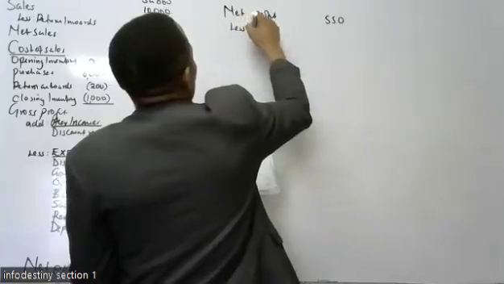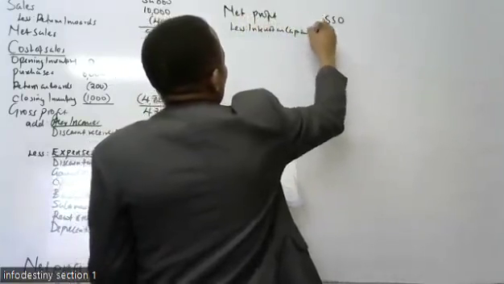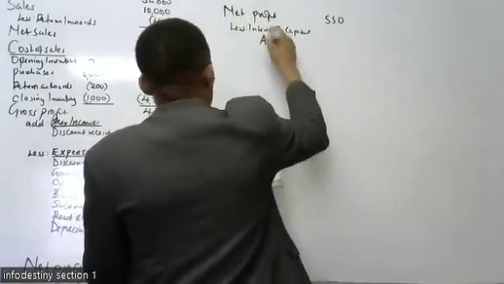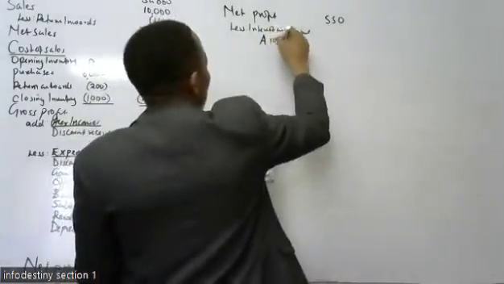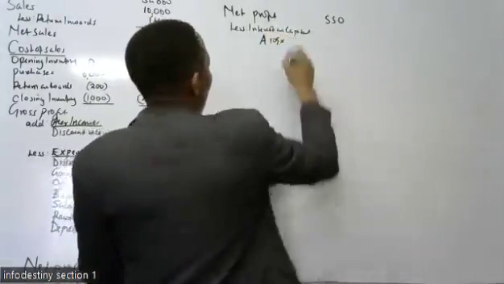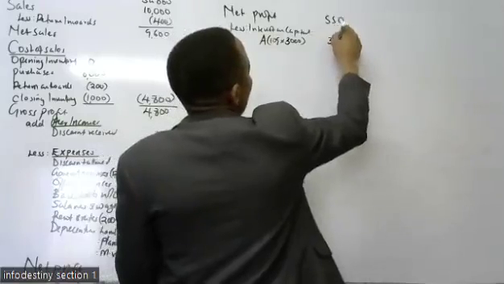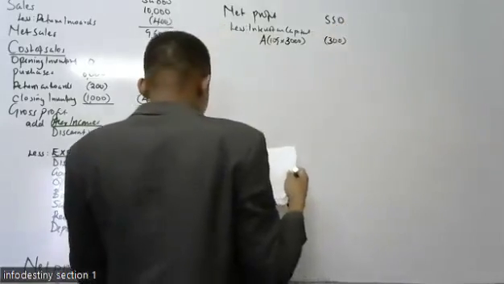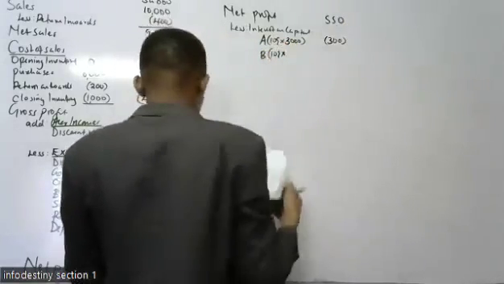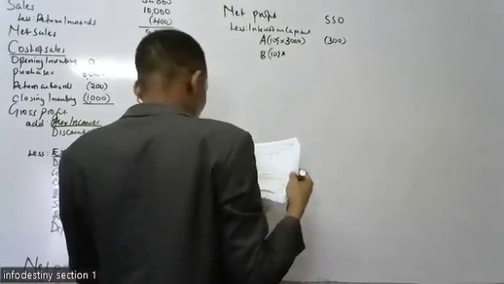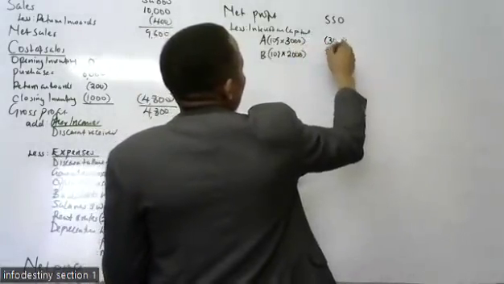Less interest on capital. Interest on capital for Andrew is 10%, and his capital was 3,000. So that is 300. Then we have 10% of 2,000. That is 200.